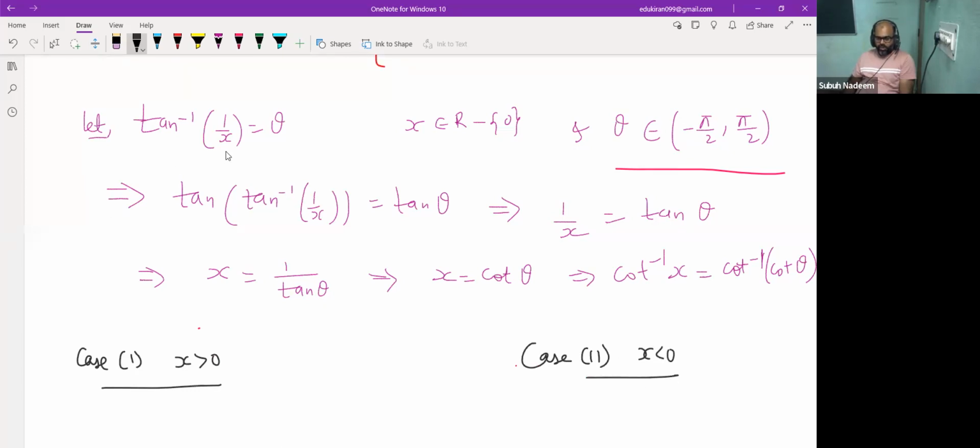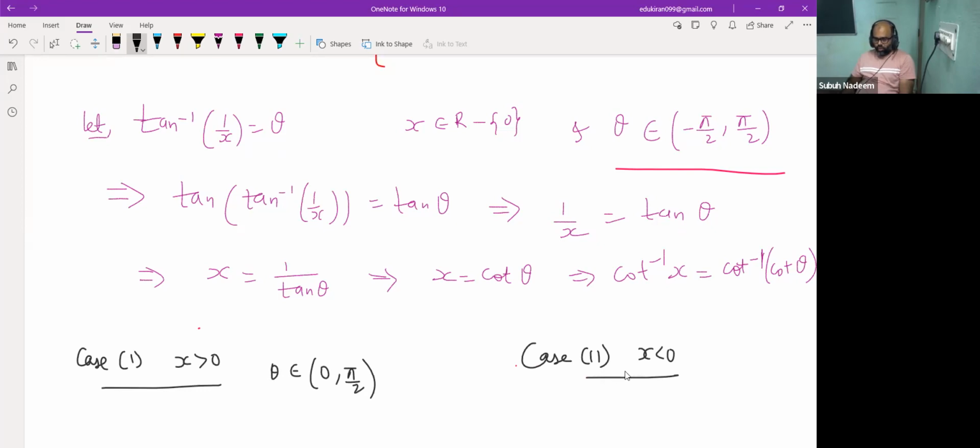If x is positive, then 1 by x will also be positive. So tan inverse of 1 by x will give an angle theta between 0 to pi by 2.